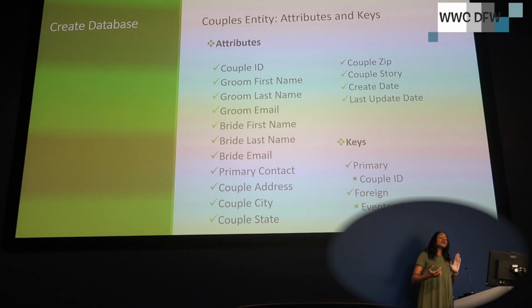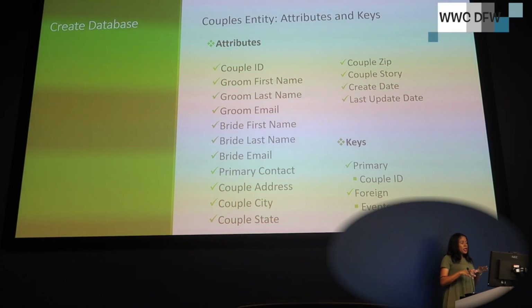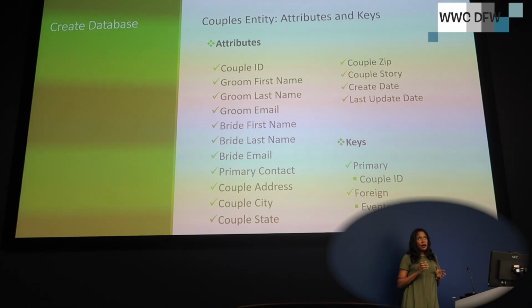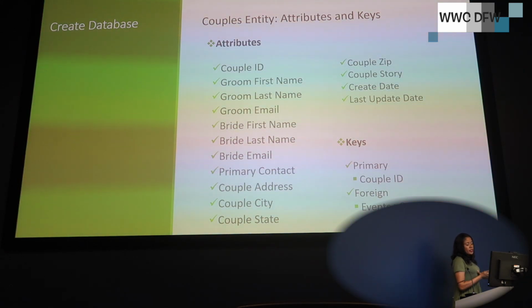But since we're building things, let's go ahead and put it in there for now. Also, I want to know who the primary contact is. For this specific situation, you could put the primary contact, it's limited to either bride or groom for the data set.